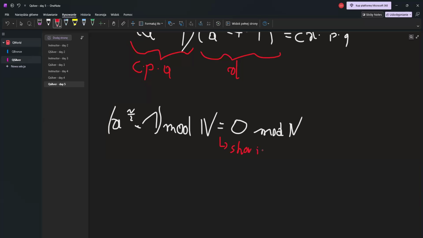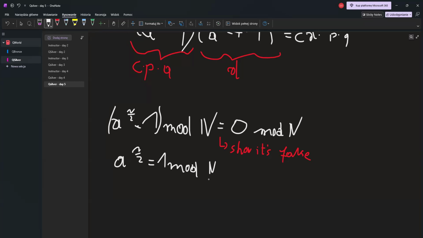Show it false. Okay, so if we add 1 to both sides, we get a to the power of r divided by 2 equal 1 mod n.